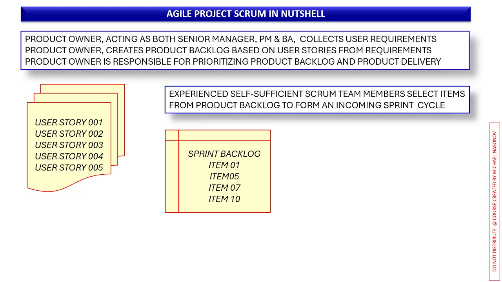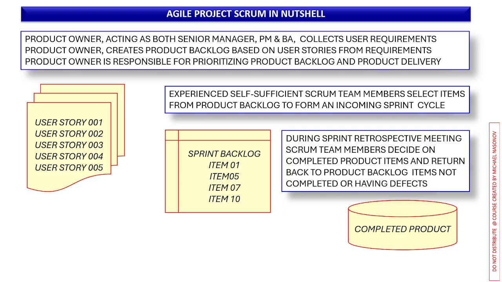After which experienced, self-sufficient Scrum team members select items from the product backlog to form an incoming sprint cycle. As you can see, the sprint backlog.